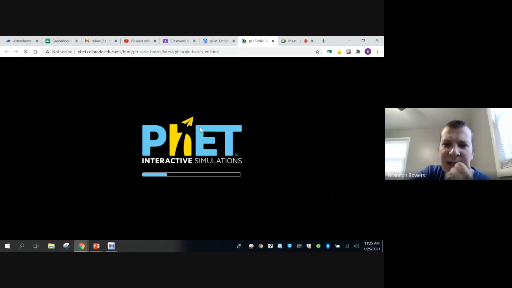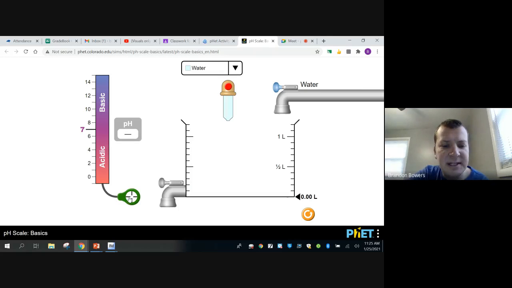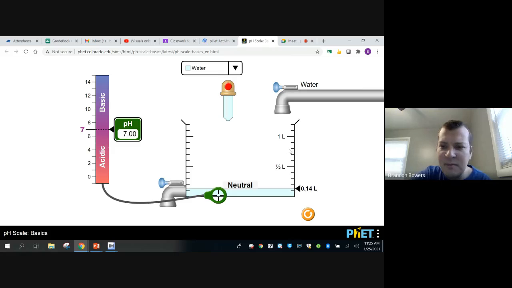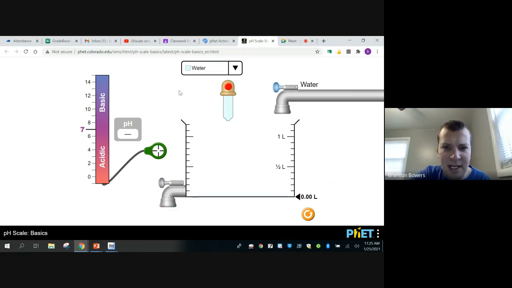There's a link, and this link will take you to a pH probe. Hopefully you can see this probe where you can add different substances. For example, you can add water, and then you can find the pH of water. Well, the pH of water is 7. When you're done using a sample, you can drain it.